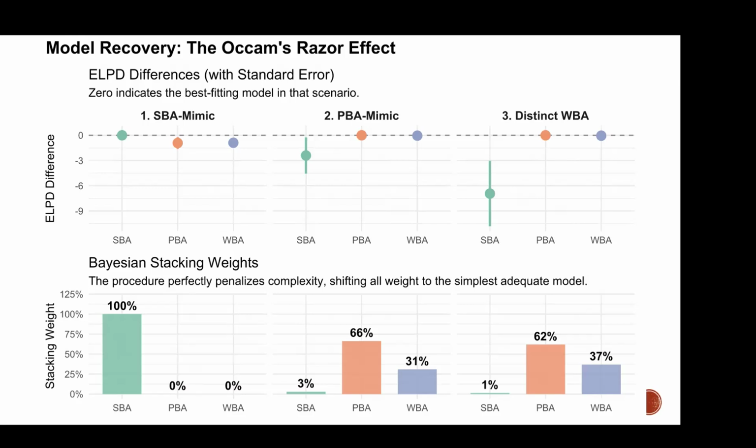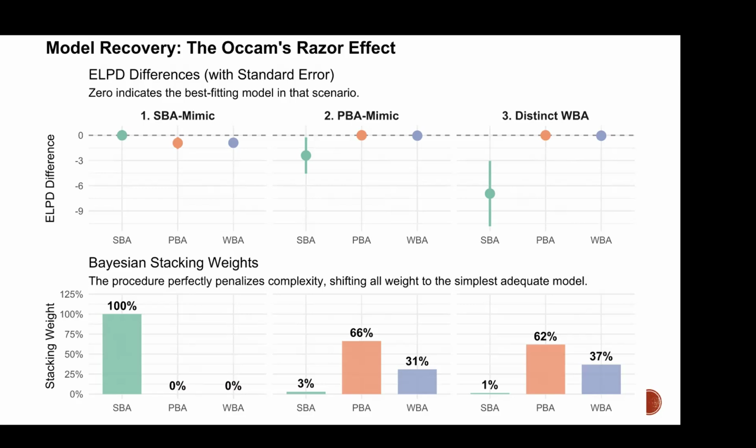Yeah, okay, good. So you're saying there are two things. One is that the WBA can explain the data, but it's complex, so it gets penalized. And especially here, the reason for which the PBA still wins is that the WBA is so bad at estimating kappa that it goes all over the place.